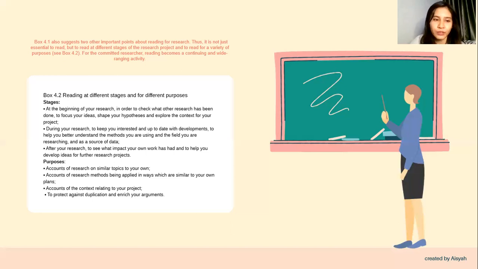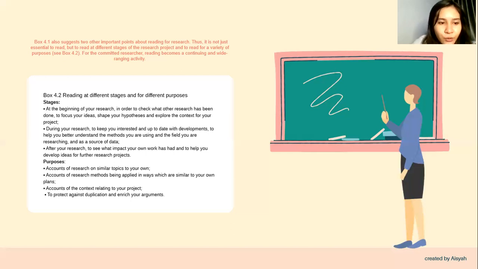Box 4.2 Reading at different stages and for different purposes. Stage: at the beginning of your research, in order to check what other research has been done, to focus your idea, shape your hypothesis, and explore the context for your project.